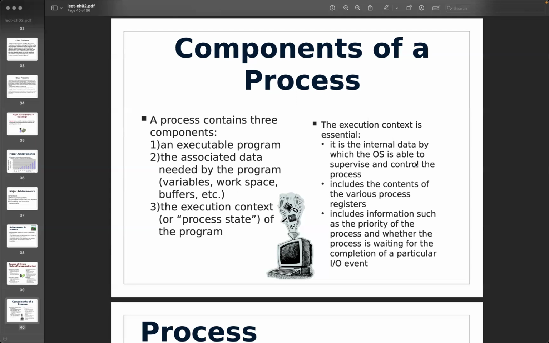It also includes information such as the priority of the process and whether the process is waiting for the completion of a particular IO event. Some processes, or parts of a program, need to wait for input, or sometimes have higher priority, like a background process update, so we need to take care of that first and then allow the other to go. We do have a mechanism to handle all these processes.